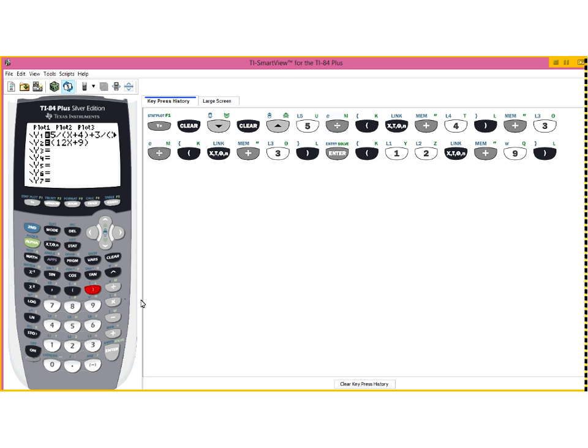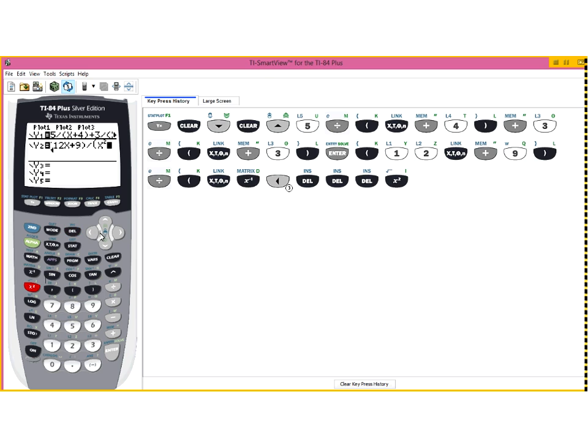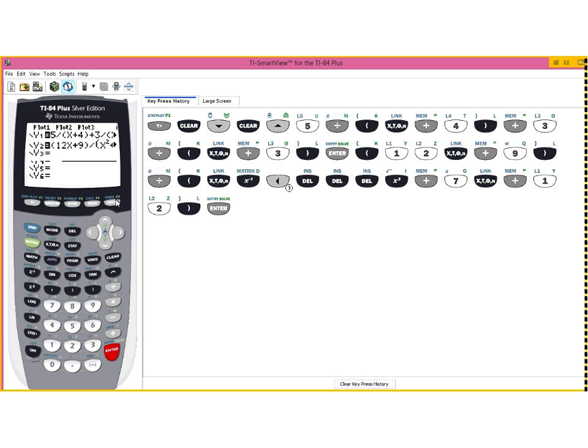So parentheses around the top, divided by parentheses around the bottom, x squared plus 7x plus 12. Close parentheses. Okay, so now I hit graph.